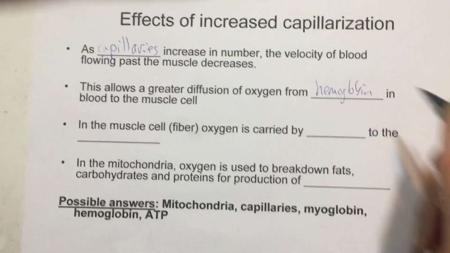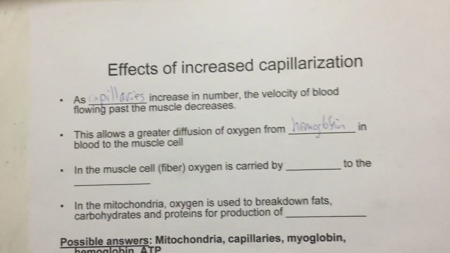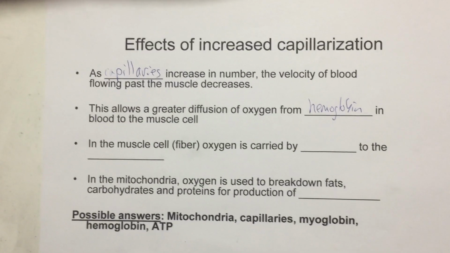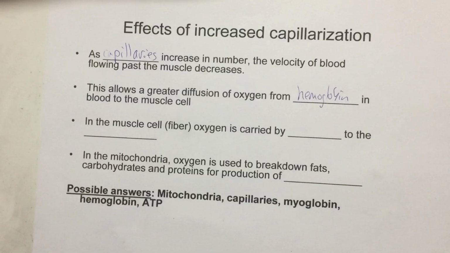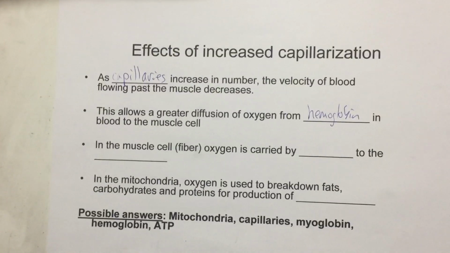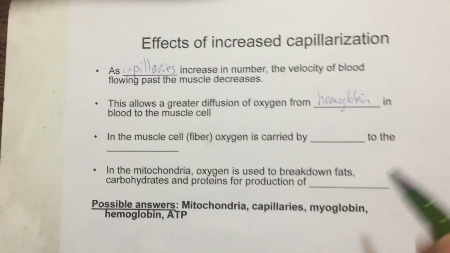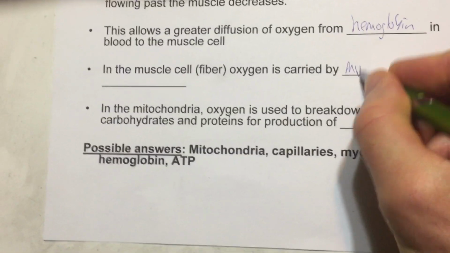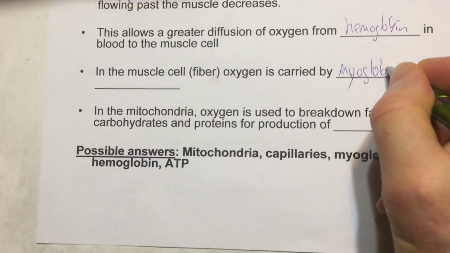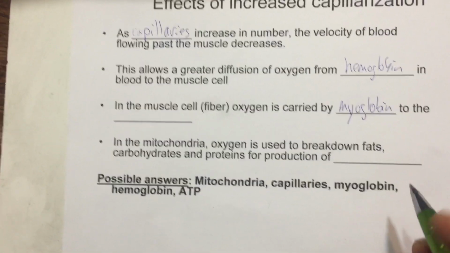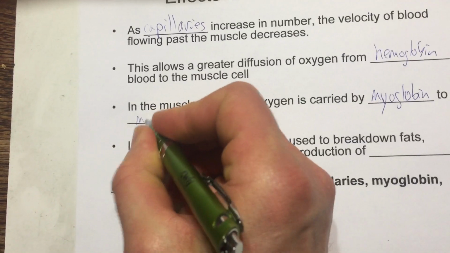So hemoglobin is that protein that carries oxygen in the blood, and the oxygen has to diffuse from hemoglobin, which is carried in the capillaries, into the muscle fiber. So in the muscle fiber, oxygen is carried by myoglobin. So it's another protein that transports oxygen, and the myoglobin would take the oxygen to the mitochondria.